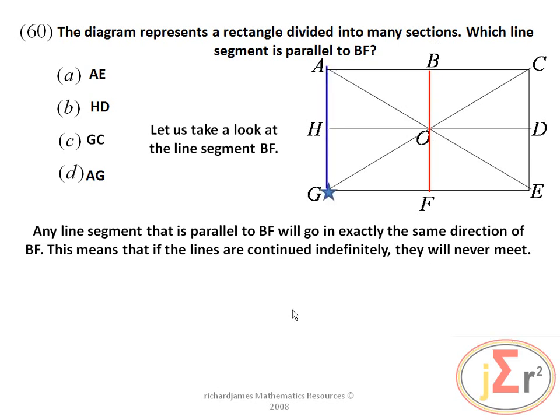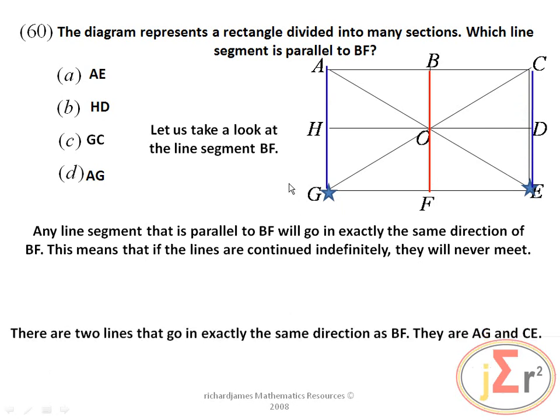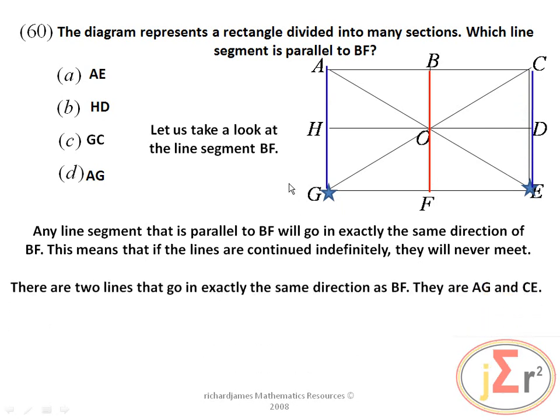So we have 2 lines that are parallel to BF, AG and CE, because if they continue indefinitely, they will never meet. BF, CE, and AG are all parallel. There are two lines that go in exactly the same direction as BF.